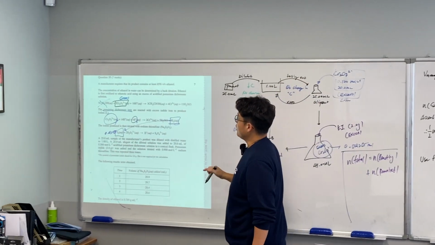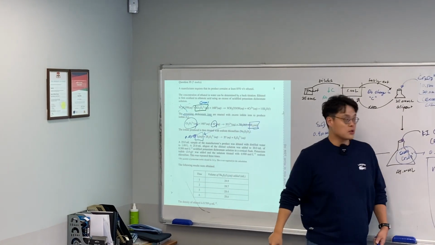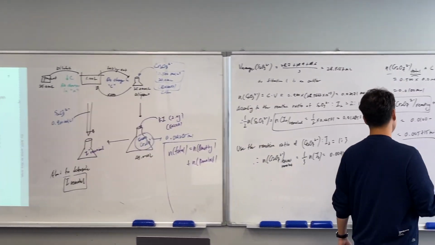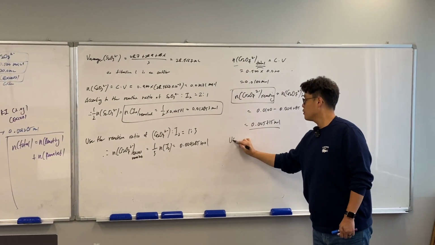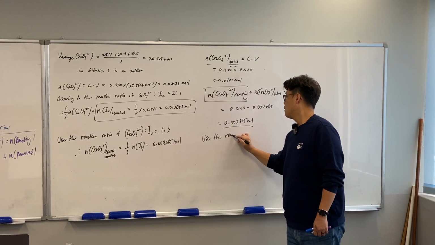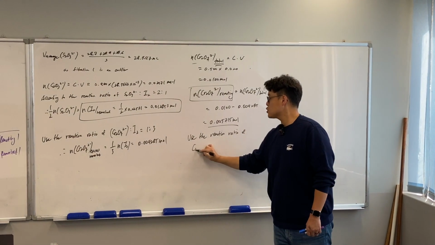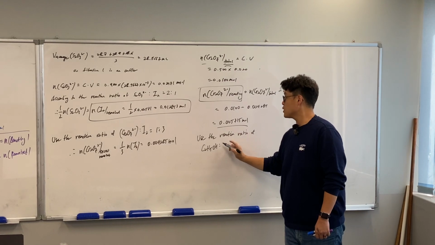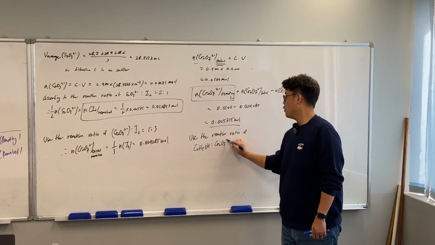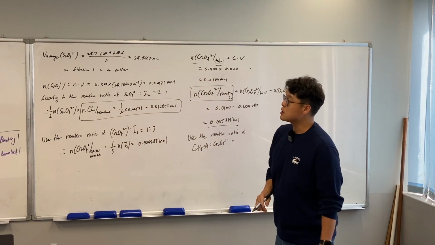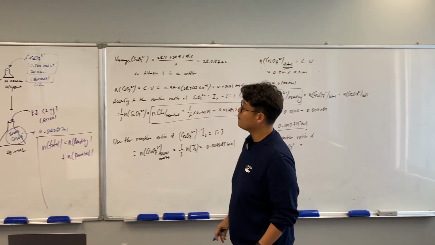So as we now know, this is a 2 to 3. So use the reaction ratio of the C2H5OH to dichromate, Cr2O7 2-, which is given as 2 to 3 or 3 to 2.